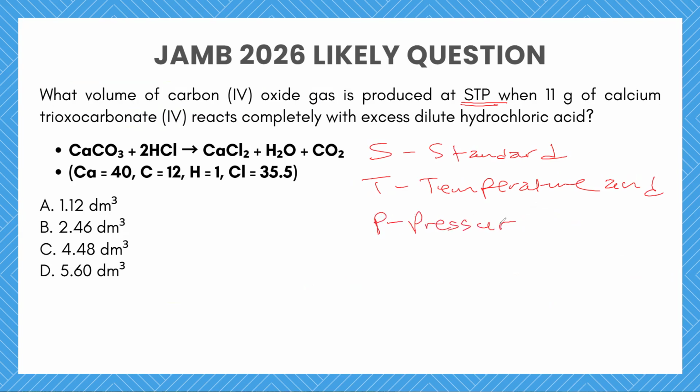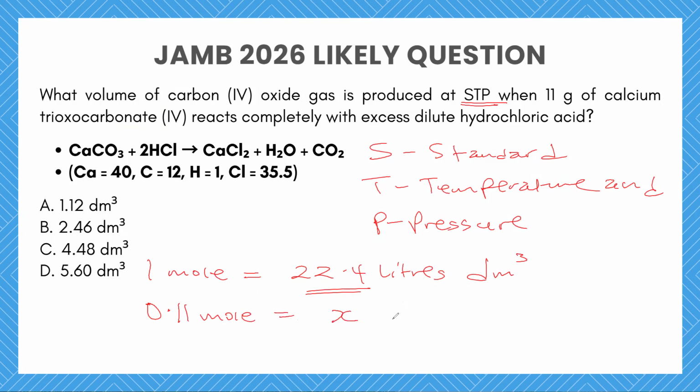There is a rule that says when the condition stands at STP, 1 mole of a gas occupies a volume of 22.4 liters, or 22.4 dm cube, whichever you choose. So if 1 mole of a gas occupies 22.4 liters, then 0.11 mole of CO2, which we just calculated, will occupy X liters. Cross multiplying, X is equal to 0.11 times 22.4.